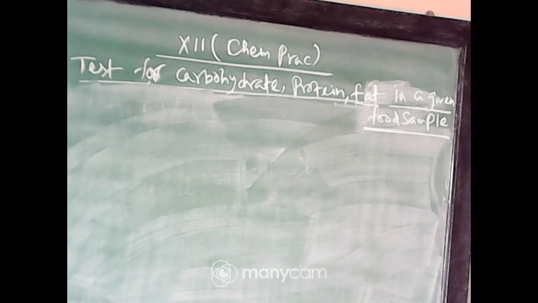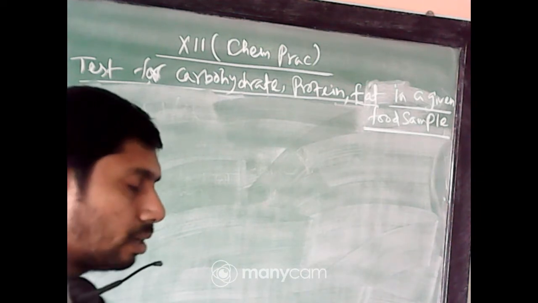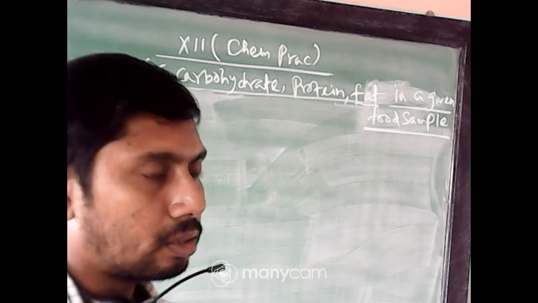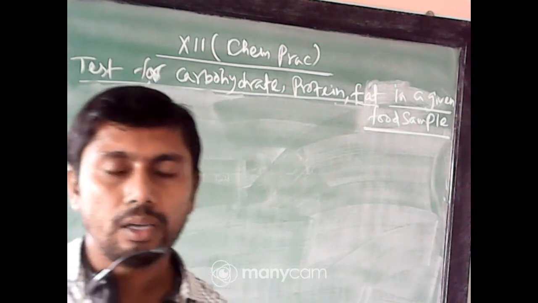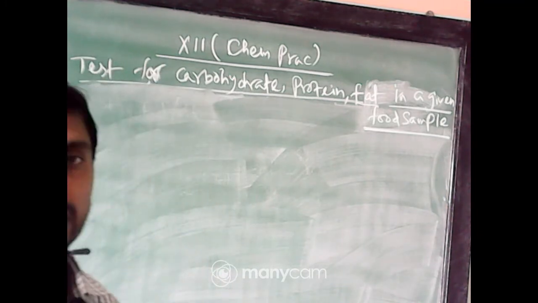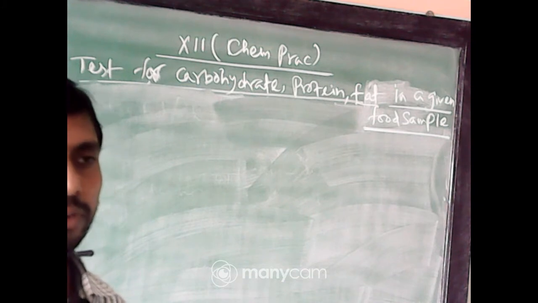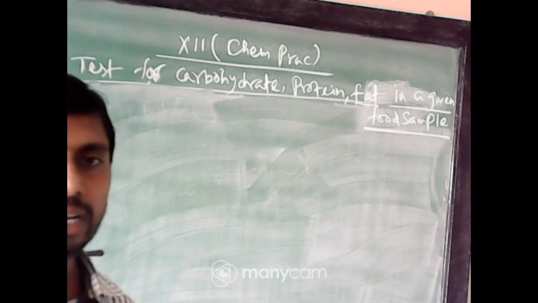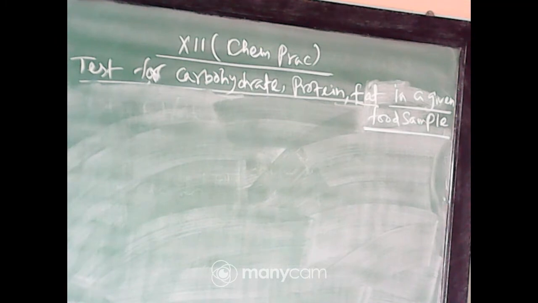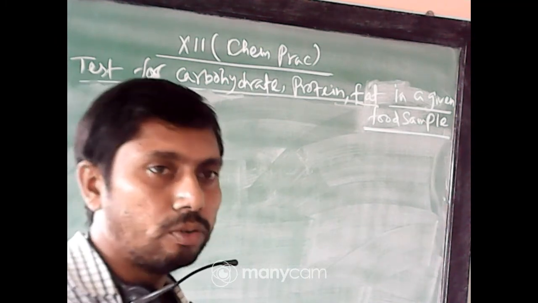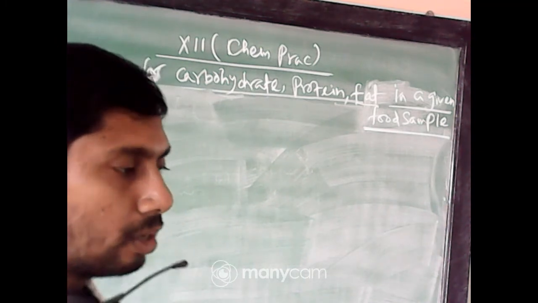For this I have chosen it, but I will give you a sample PDF with the format you have to write for the salt preparation, that is for chrome alum and ferrous salt, etc. From there you can write it.